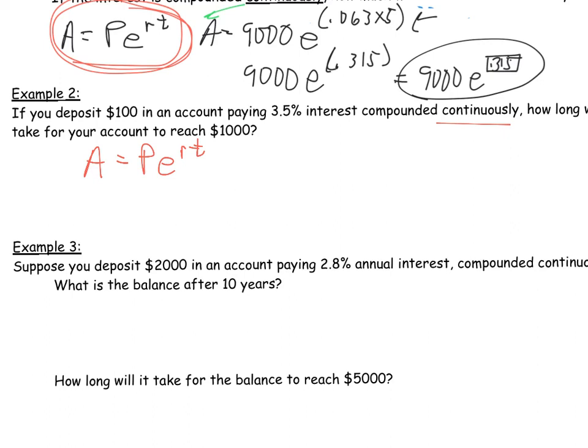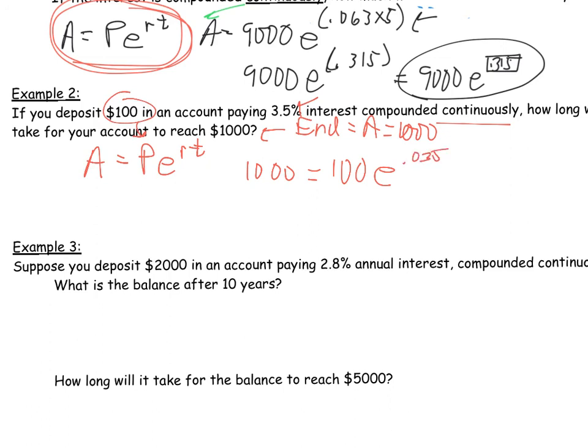Okay, so this is a little bit different. This is your end amount, or your A. You start off with $100. That goes in for P, and you want to end with $1,000. So it's going to be 1,000 equals 100 E to the 3.5% interest, I'm going to divide that by 100, and that is 0.035, and we want to find T. Now, T is an exponent.